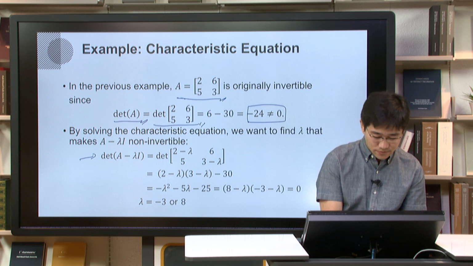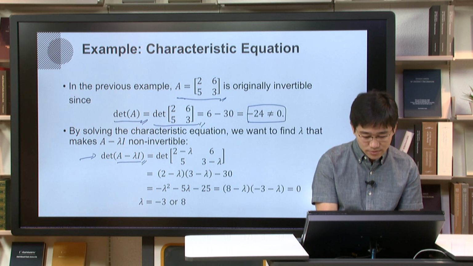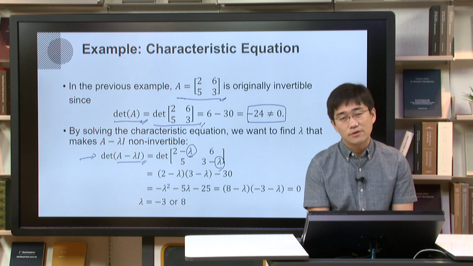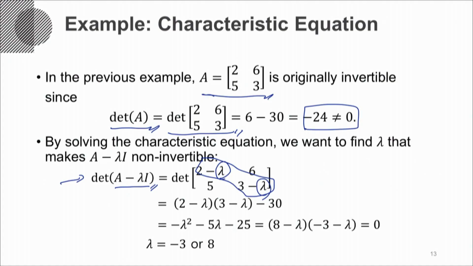But if we use A minus lambda I, which means we subtract some common value lambda from each of our diagonal elements, then the resulting matrix will be non-invertible, which means its determinant will become 0.